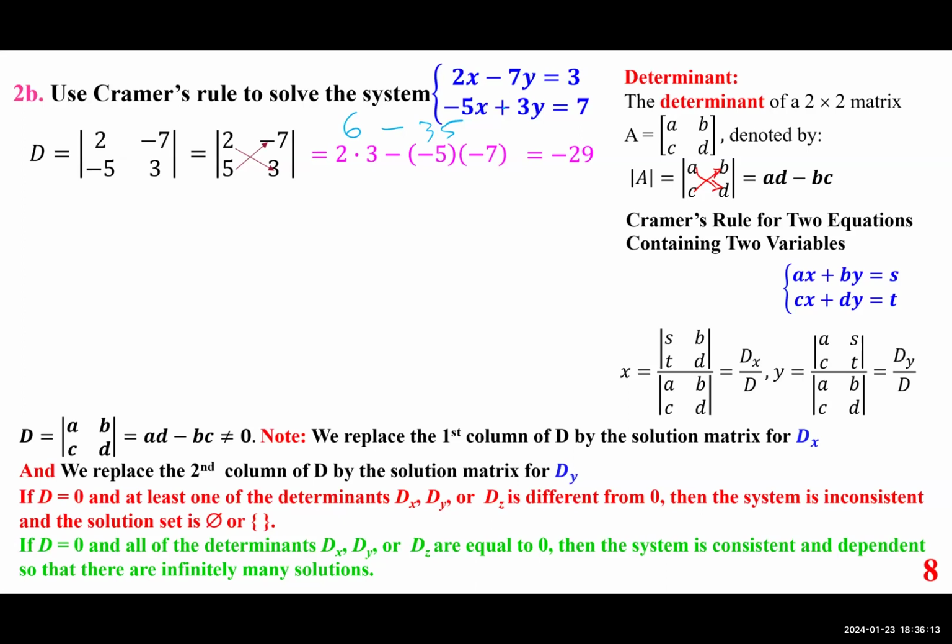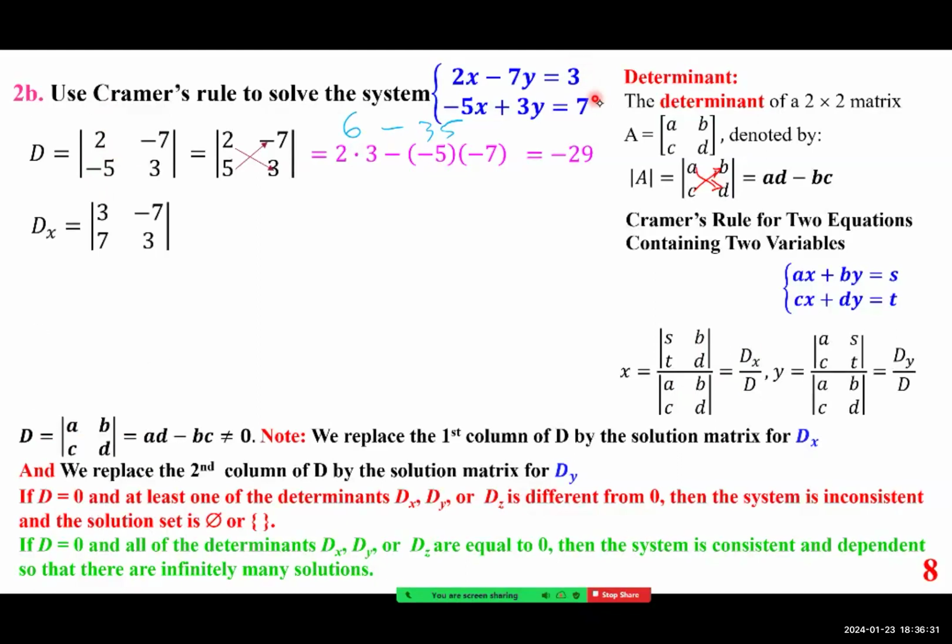Now, for D sub X, I write the same thing, and because of D sub X, I'm going to change the first column to 3 and 7, but the second column remains intact. This is the one that has been changed. I hope everybody's clear on that.